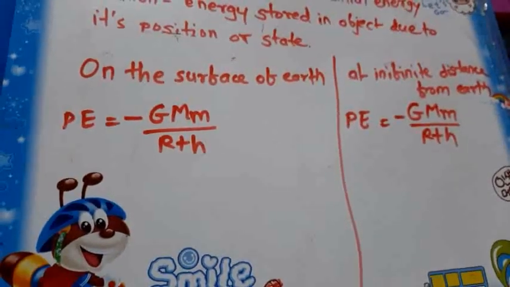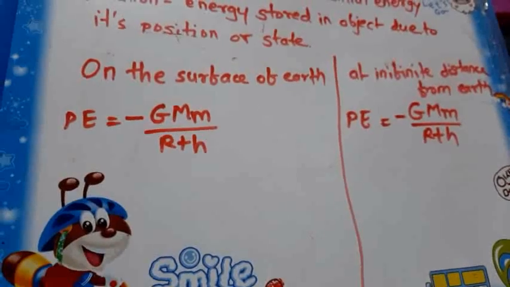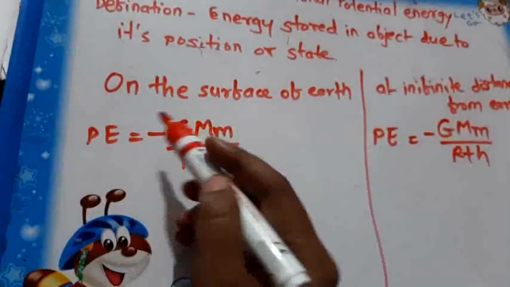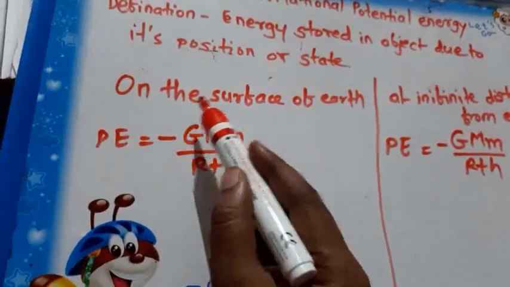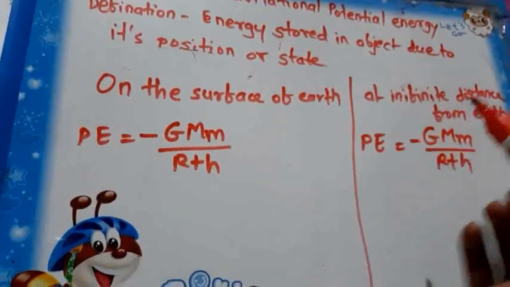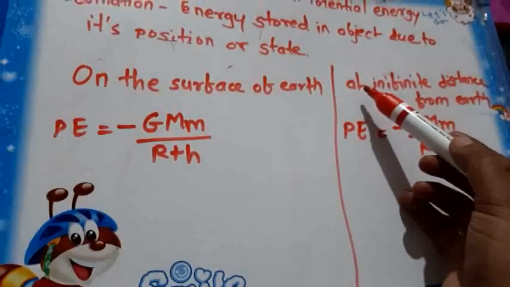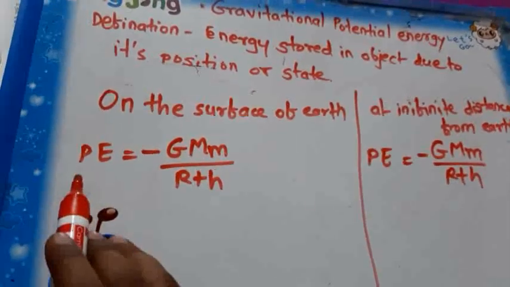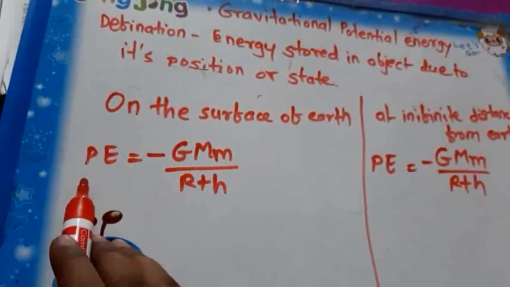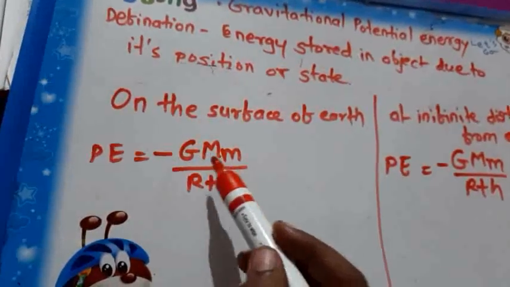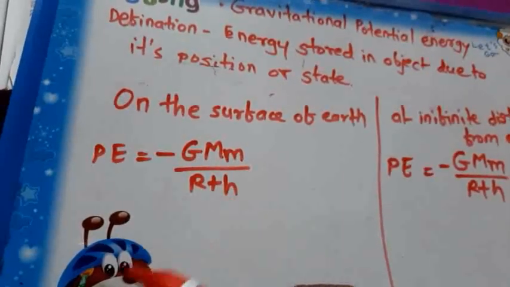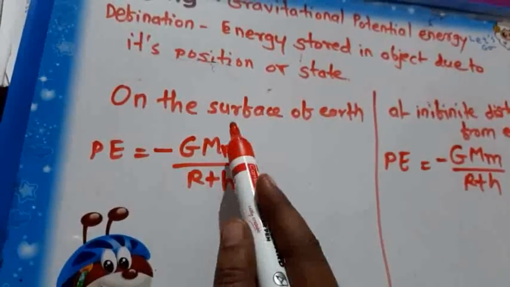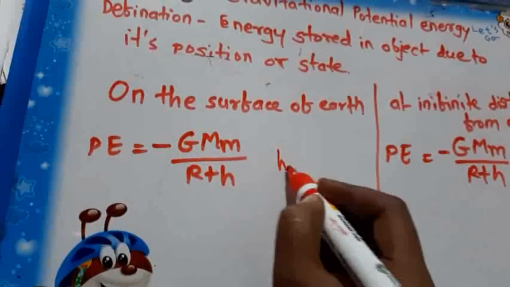Now here we are going to consider two specific cases about potential energy of the object. The first is when the object is on the surface of earth, and the second case is when the object is at infinite distance from earth. The formula for potential energy, we know, is given by minus GMm divided by r plus h. Now when the object is on the surface of earth, this height will be equal to 0.